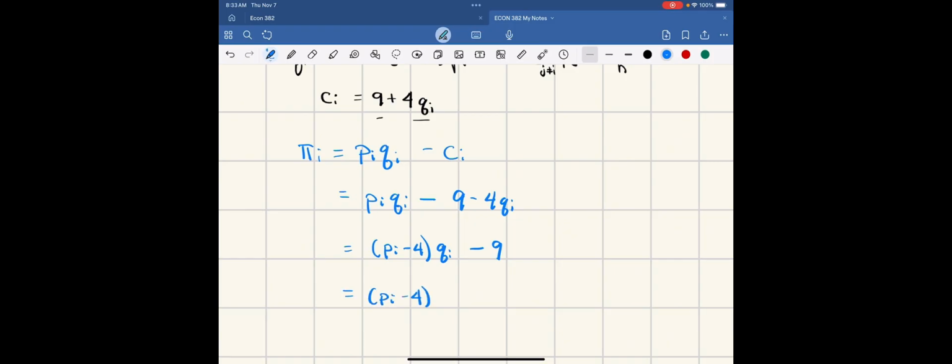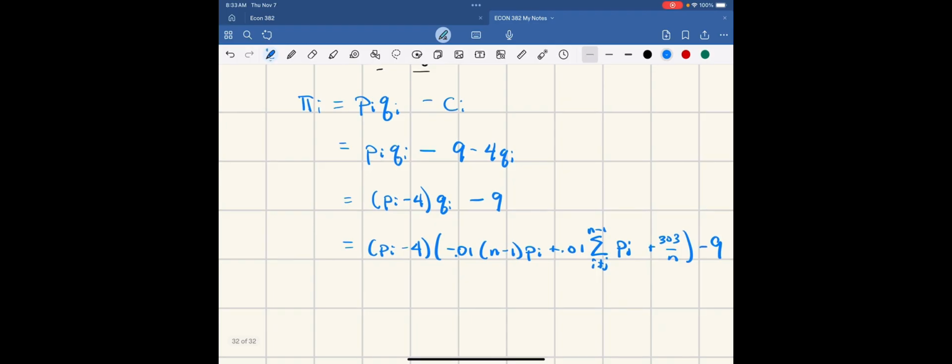So I get (p_i minus 4) times (negative 0.01 times (n minus 1) p_i plus 0.01 times the summation over j not equal to i of n minus 1 p_j plus 303 over n), minus our fixed cost, which is 9. Okay, so this is how we start with this.